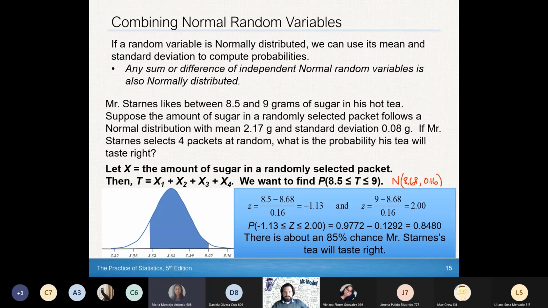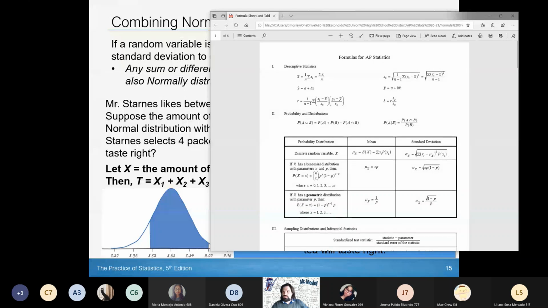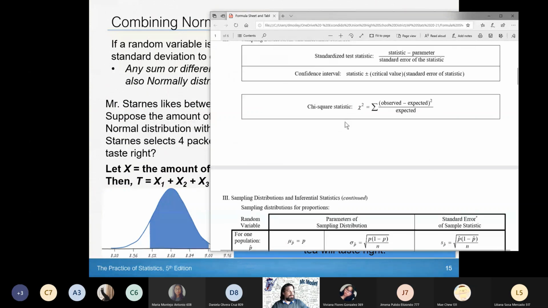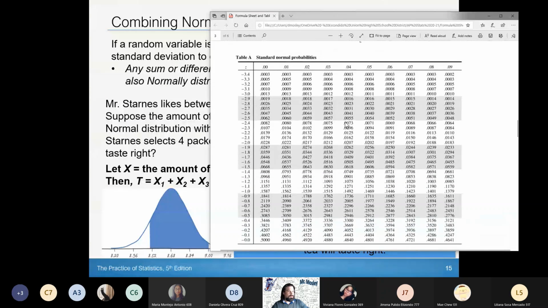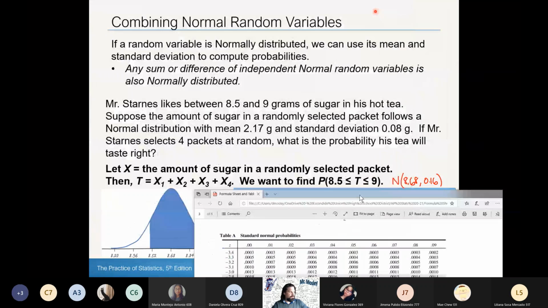Here, I can pull up table A and show you. Let's get this a little bigger. So here we go. What was our lower bound here?